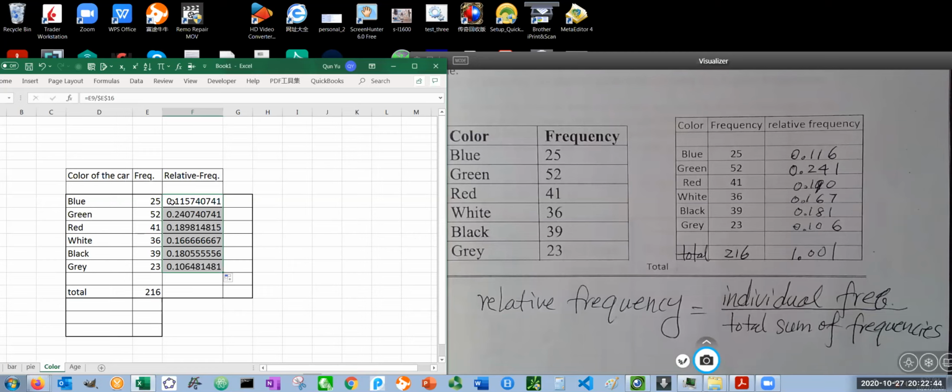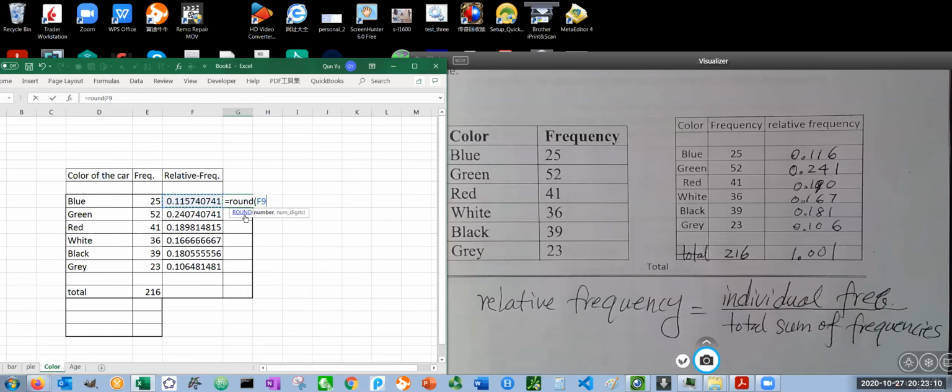Now, you can manually round this to 3 decimal digits, or you can use another function if you want, up to you, but you already got the relative frequency. If I use a function, it's called ROUND, to do rounding. Then you need to tell Excel what number you want to round. You select this first one, and a comma.